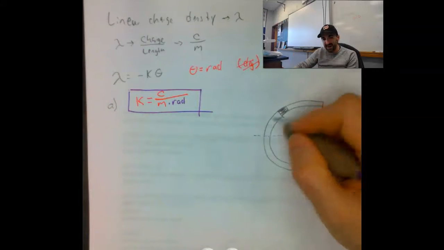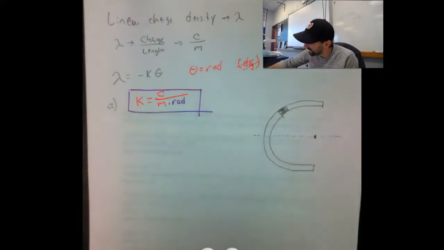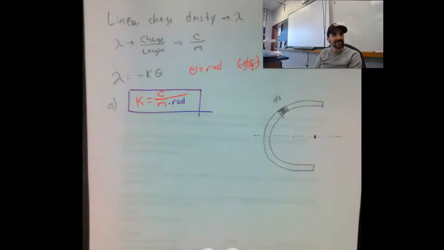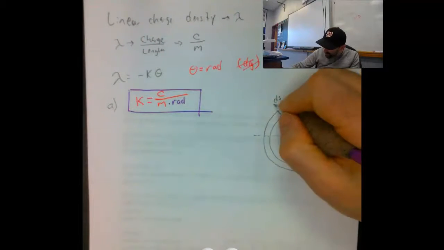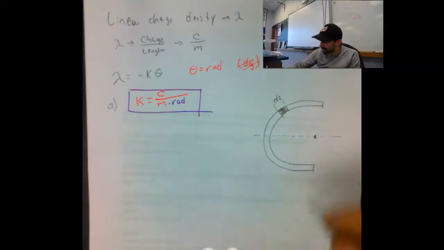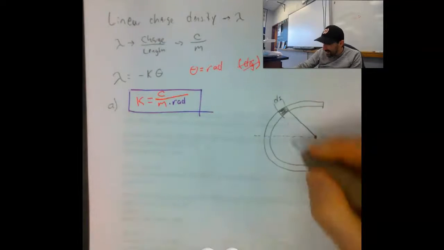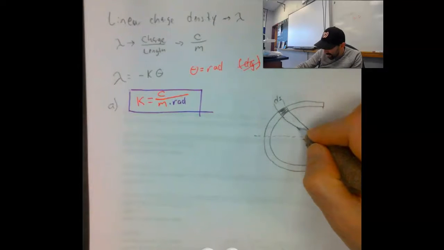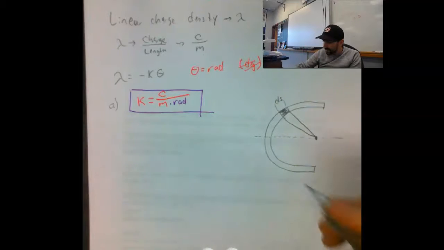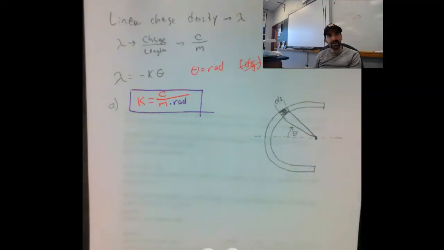And I'm going to define that with a length. What length am I going to define that? I'm going to define this as a length ds, like an arc length, right? So that length right there is ds, and where's that length coming from? Well, that's going to come from the fact that I've got this sweeping theta, that is drawn pretty terribly, but this sweeping theta, which I'll represent with this angle, theta, was given to us.